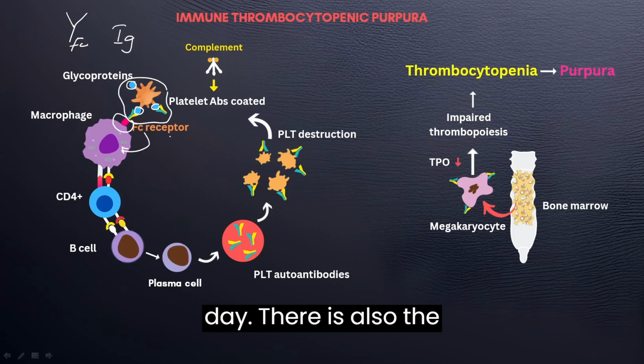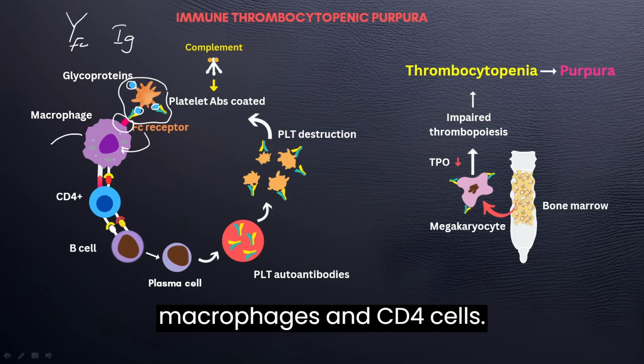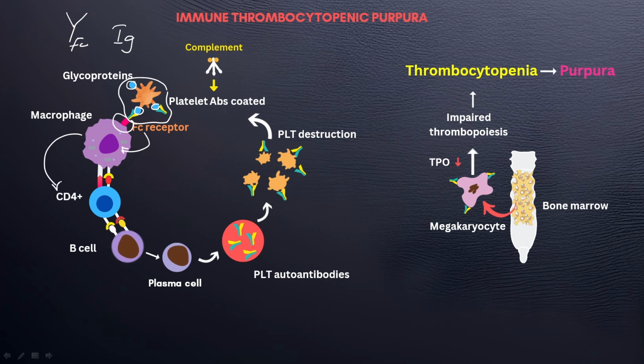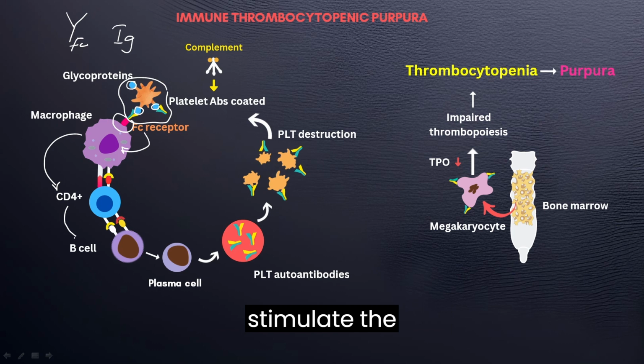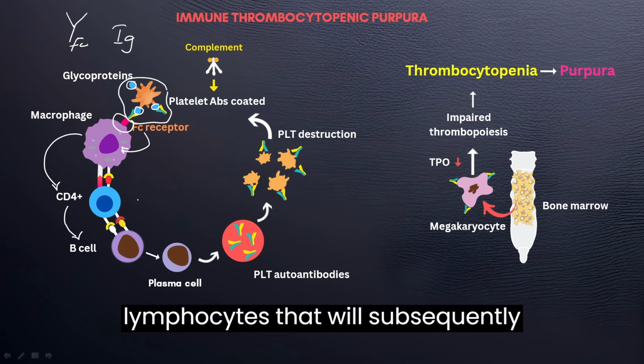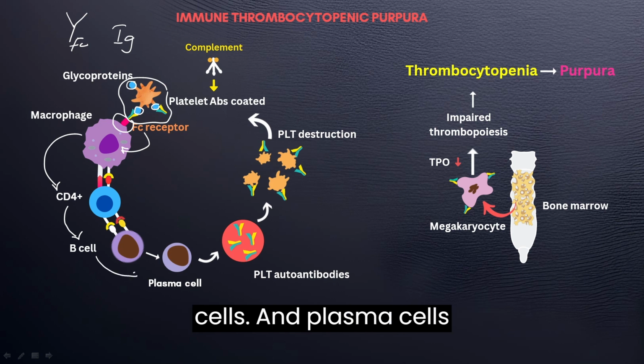There is also the interaction between the splenic macrophages and CD4 cells. Now, CD4 cells can also stimulate B lymphocytes that will subsequently lead to the formation of plasma cells.